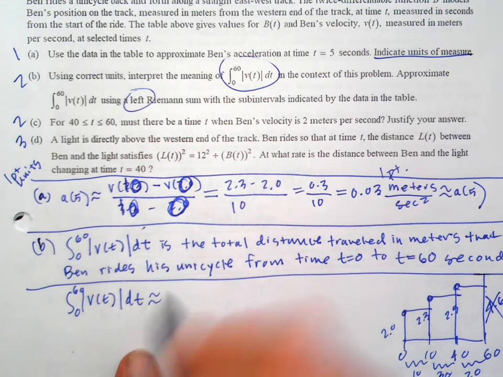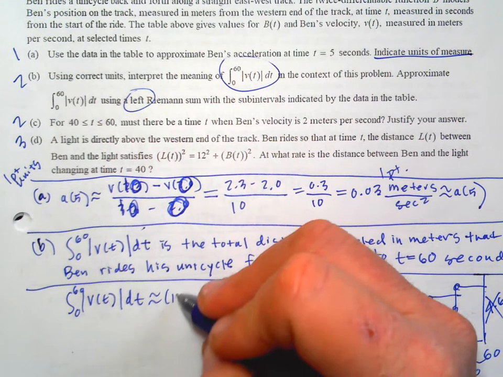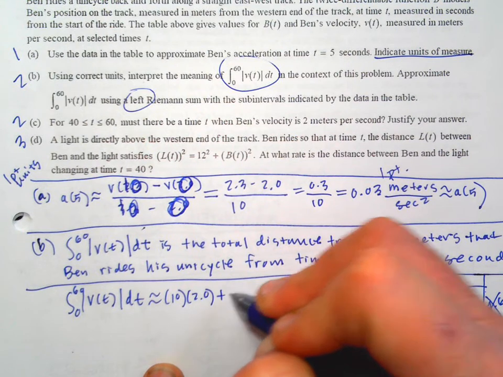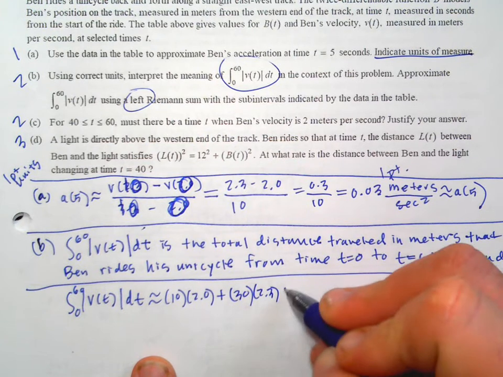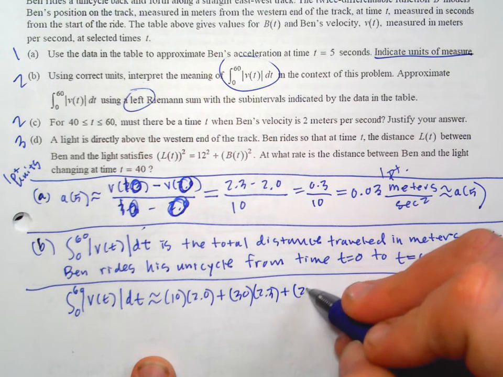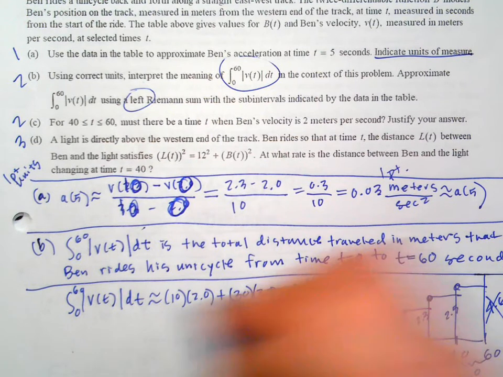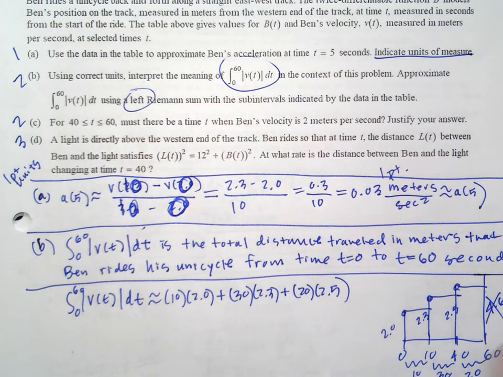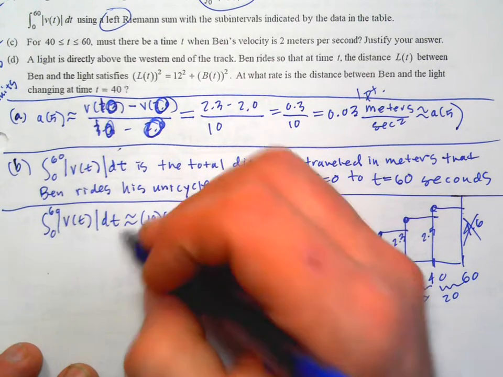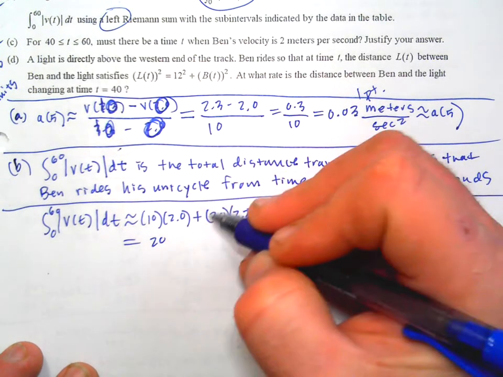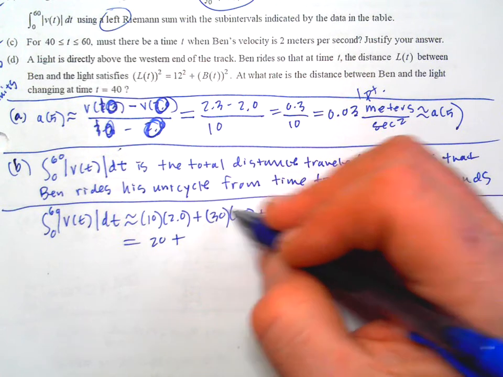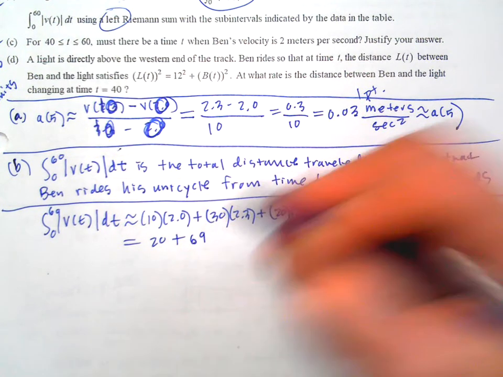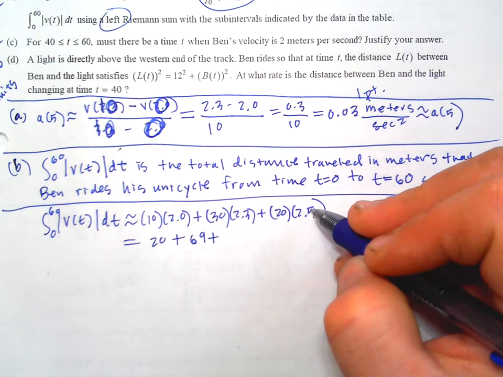So we need to show the work for drawing rectangles. So it's going to be 10 times 2.0 plus, and label it, please. Don't just start writing terms. 30 times 2.3 plus 20 times 2.5. So this is probably worth a point right here. Your picture isn't worth any points. Your picture is just to help you make sure you set it up right. Now, we don't have a calculator, so we're going to say, all right, well, this is 20, and this is, what's this going to be? 69 plus 50.